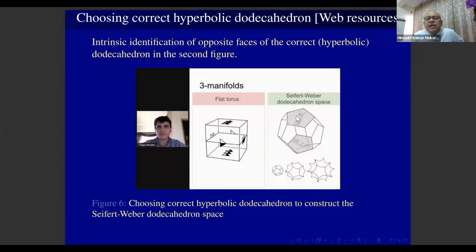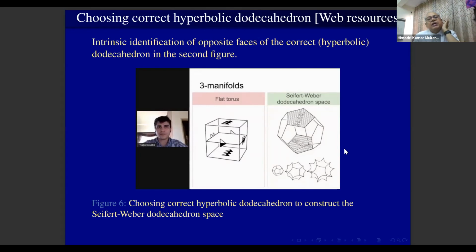If we look at a very small dodecahedron, the dihedral angles are very large, so if you add 5 of them, it will not be 2π. As you increase the size, the angles decrease. When you increase very much, the angles become very small. In between, the angles become 2π/5.